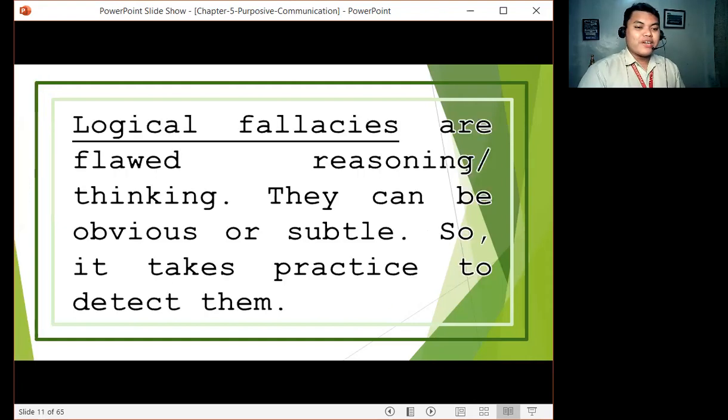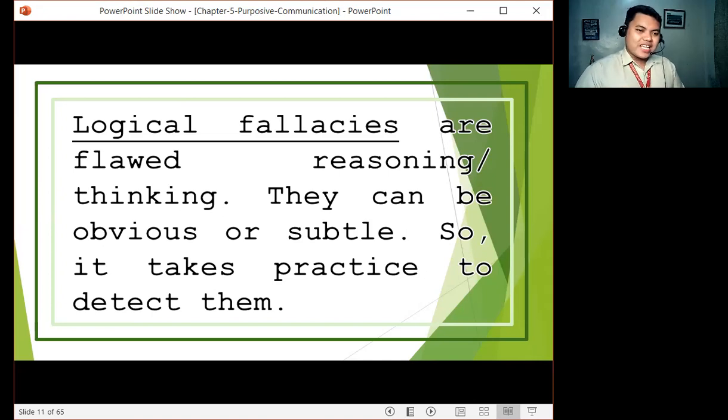So the first topic, the first lesson, would be the fallacies. But before jumping into the different fallacies, we need first to consider the definition of logical fallacies. As mentioned, it is flawed reasoning or flawed thinking. They can be obvious or subtle. So it takes practice to detect them.